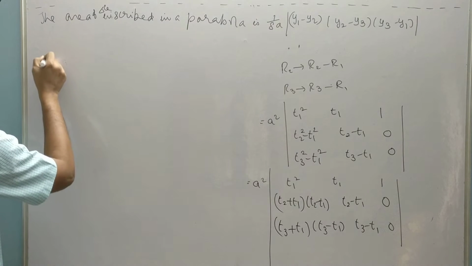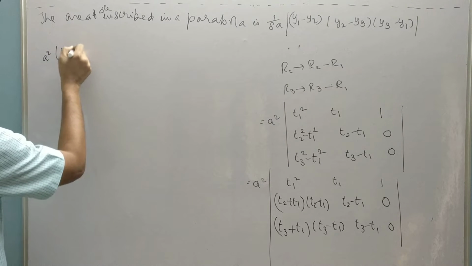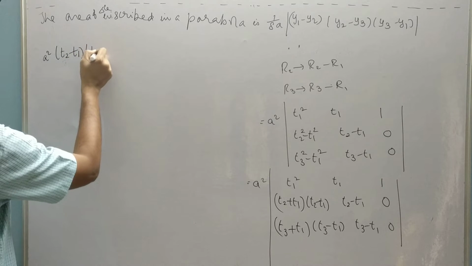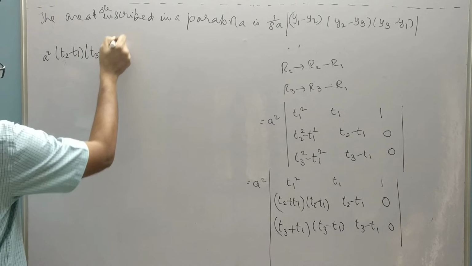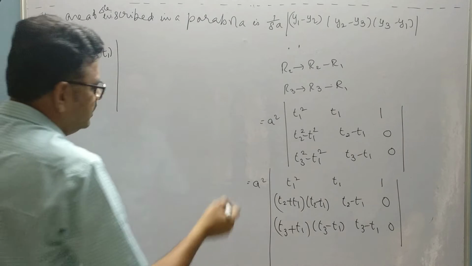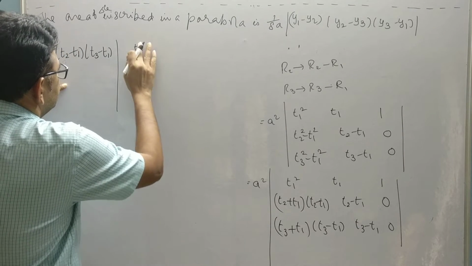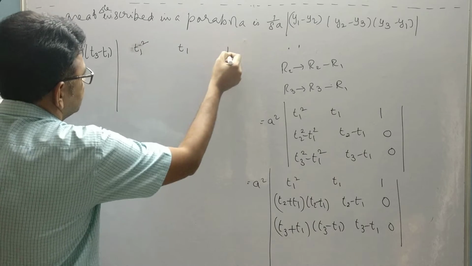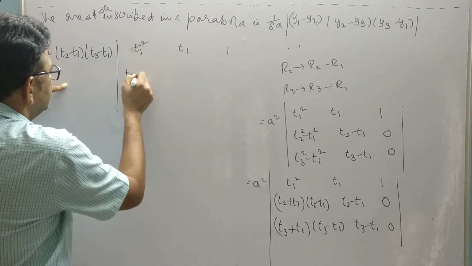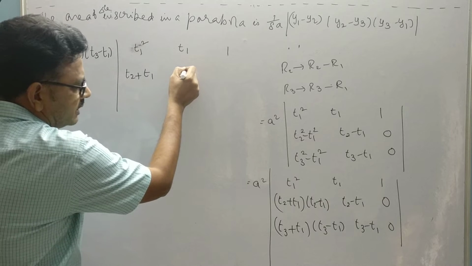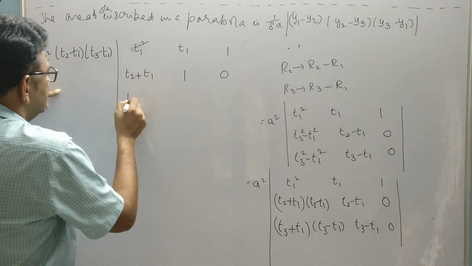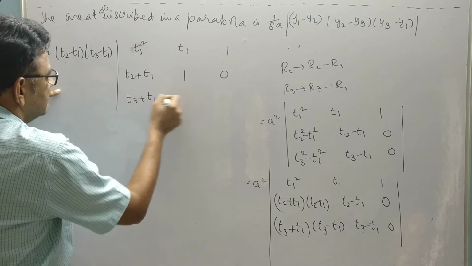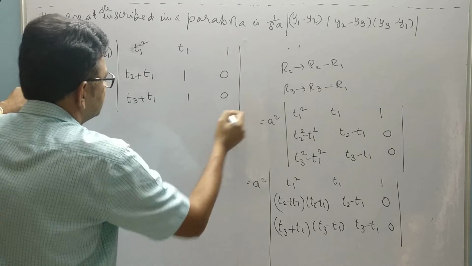So this is a square into (t2 minus t1) into (t3 minus t1) into determinant of t1 square, t1, 1; t2 plus t1, 1, 0; t3 plus t1, 1, 0.